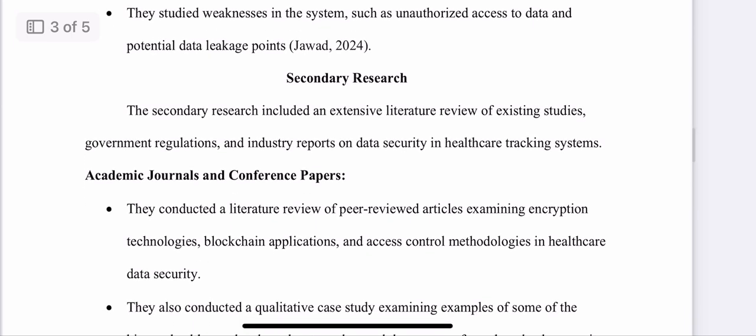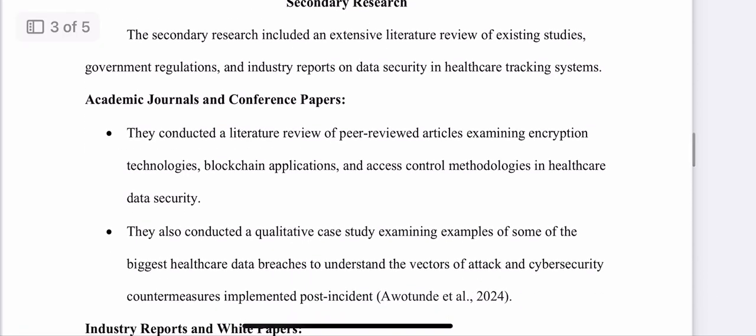Secondary research. The secondary research includes an extensive literature review of existing studies, government regulations, and industry reports on data security in healthcare tracking systems. Academic journals and conference papers.